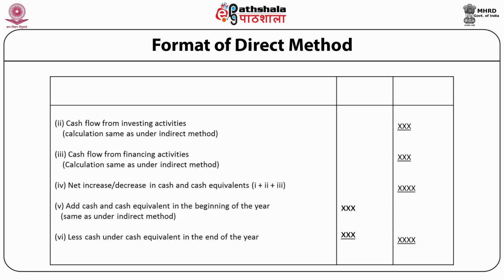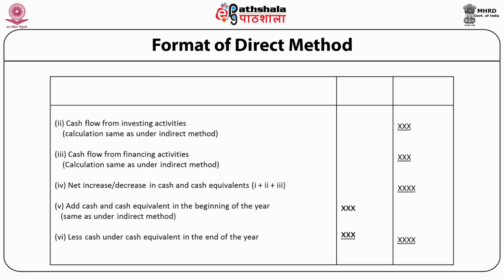We'll write this amount in the outer amount column. Next, third part of cash flow statement by direct method is cash flow from financing activities. Here again calculation is same as under indirect method. We'll write this amount in the outer column of the amount.